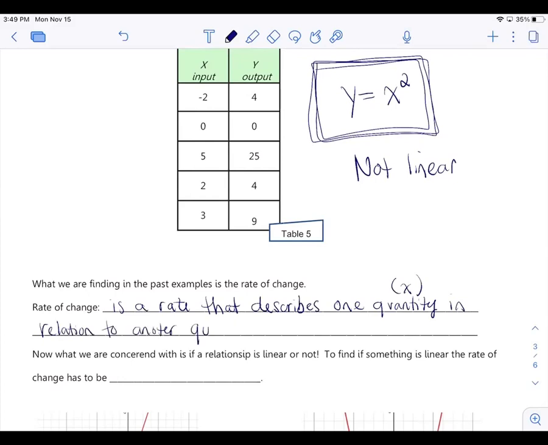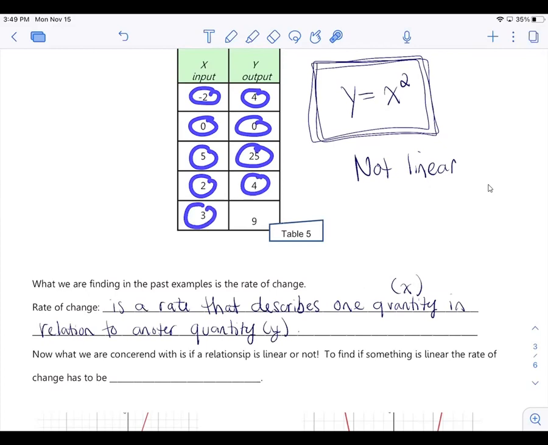So that would be our y's. So us figuring out that we're squaring our inputs to get out that output, that's us figuring out this rate of change.